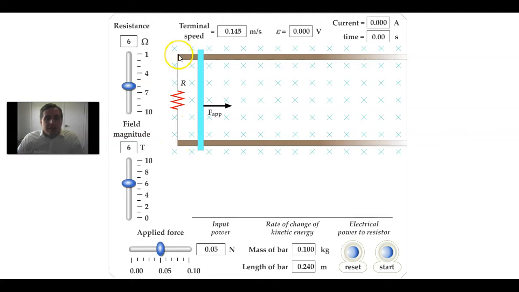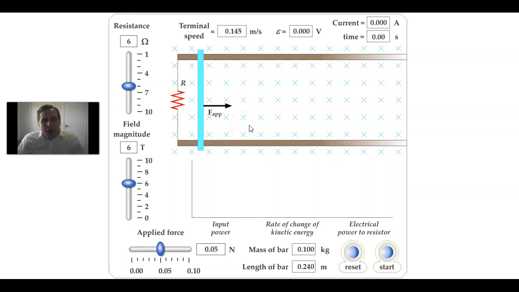In this circuit, the number of X's which are penetrating through that conducting circuit are increasing in time. So the faster we go, the more electromagnetic induction we have, the greater the change in the magnetic flux with time. So the greater the current that should be induced, and then also the current in there should produce for us a magnetic force in the opposite direction.